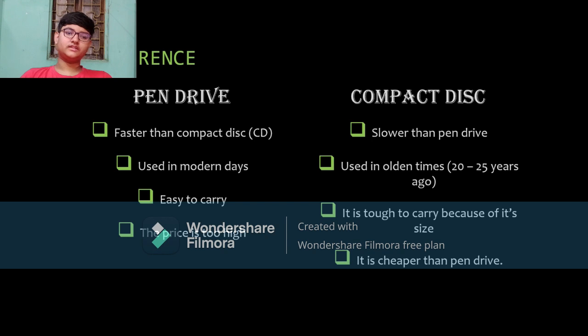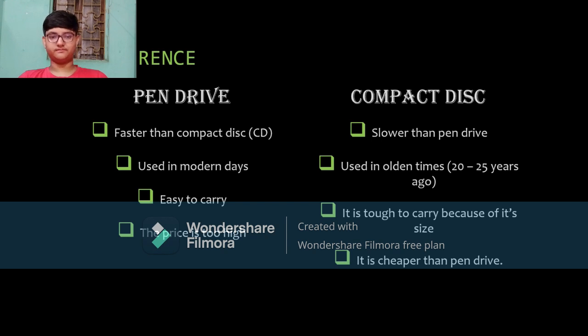Then one more thing: a bad thing about a pen drive is that the prices of pen drives are too high. And a good thing about a CD is that it is cheaper than a pen drive.